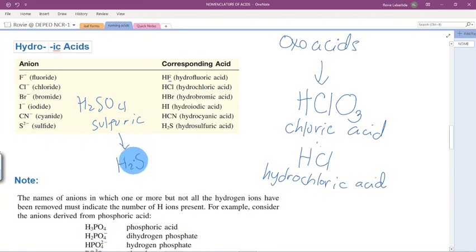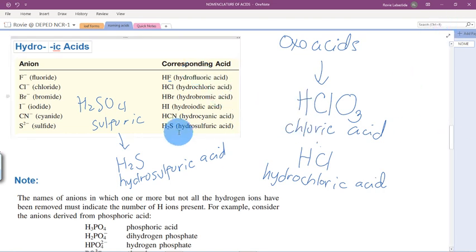So it will become a hydroic acid. What will be the new name? That would be hydrosulfuric acid. There you go. So here are the examples.